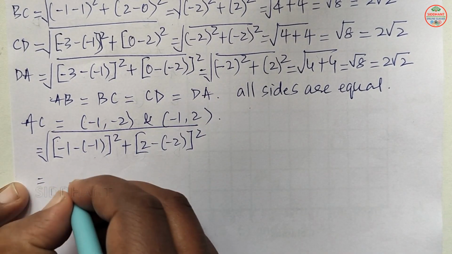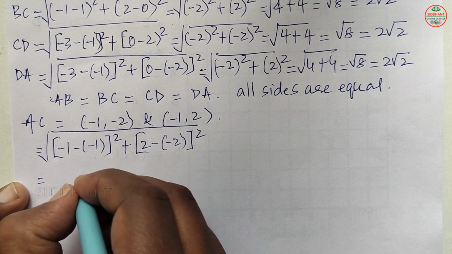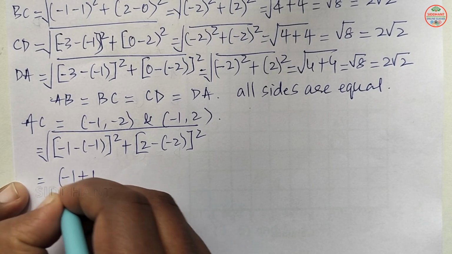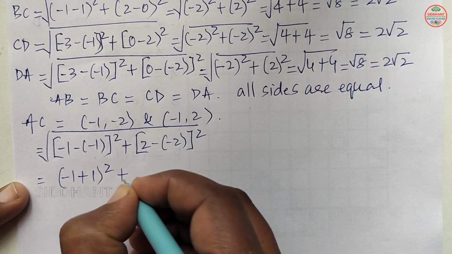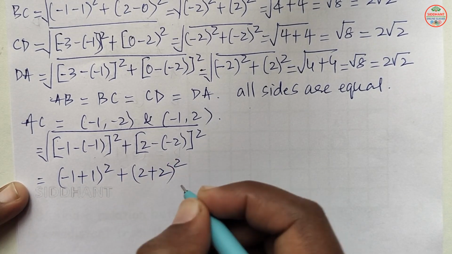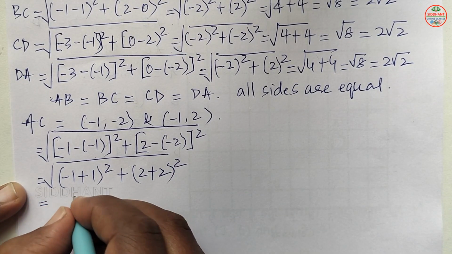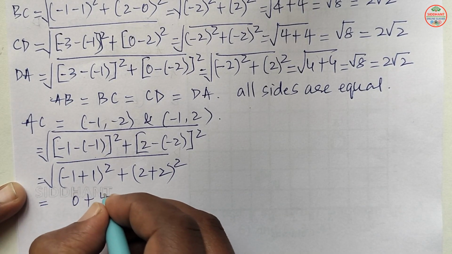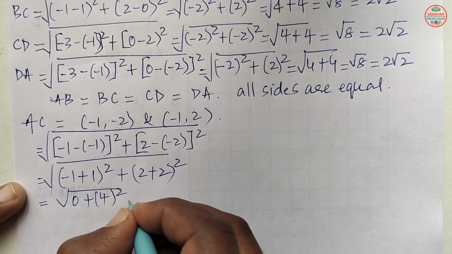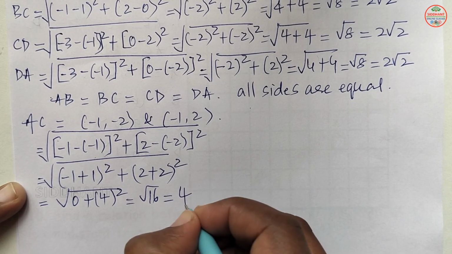So that will be minus 1 plus 1, whole square, plus 2 plus 2, whole square. So that will be 0 plus 4 whole square, which is root 16, that will be 4.